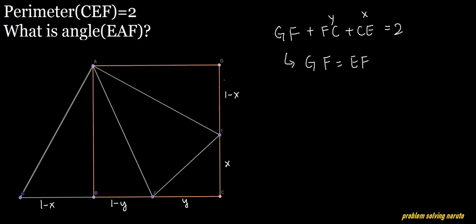That is nice, because when we rotate triangle ADE to here, this length is the same as this length. And now we know that this length is the same as this length. And obviously this length in the middle is shared. So that tells us this triangle AEF is congruent to triangle AFG.